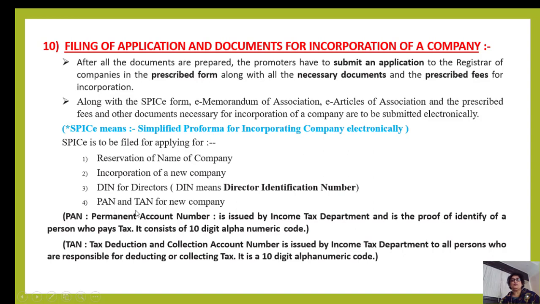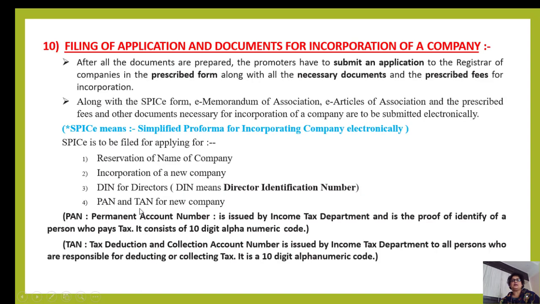Remember, this is the proof of identity of a person who pays tax. So when the company is incorporated, this number is also given to the ROC. This PAN number consists of a 10 digit alphanumeric code. And also give the TAN number. TAN is the tax deduction and collection account number.